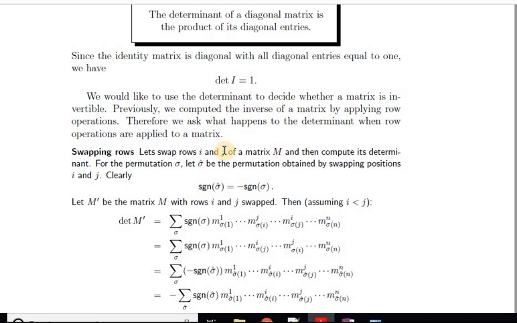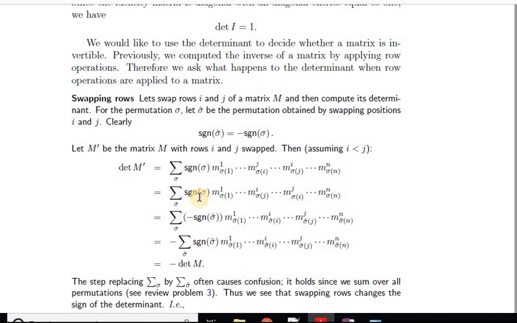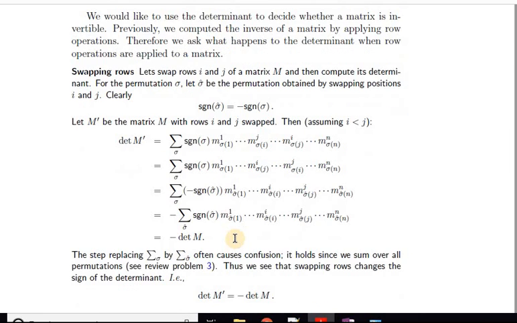If I do a permutation, then do one more swap, that's going to change the sign of the permutation, because it's going to change an even permutation to an odd permutation, and vice versa. One more swap is going to change from even to odd or from odd to even. So the upshot is that that's going to change the sign of the entire determinant, because it's going to change the sign of every term in the sum that gives you the determinant.